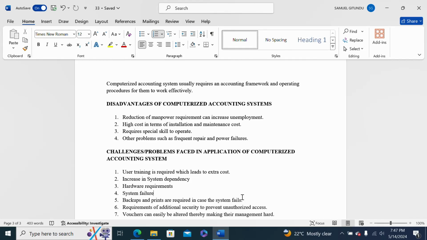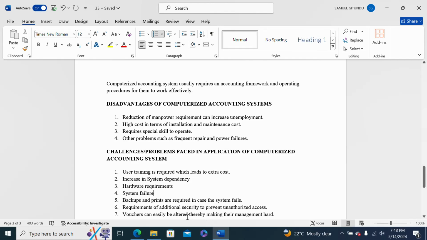You still need to print those records and put them in files to act as backups in case the system fails. Then there's a requirement of additional security to prevent unauthorized access. So you find that you must contact cybersecurity so that those who are not authorized to access certain records in the computerized accounting system are prevented from accessing those records.